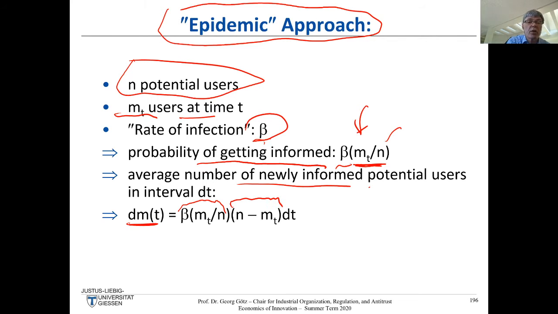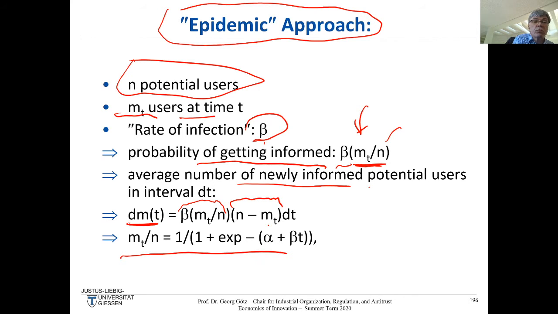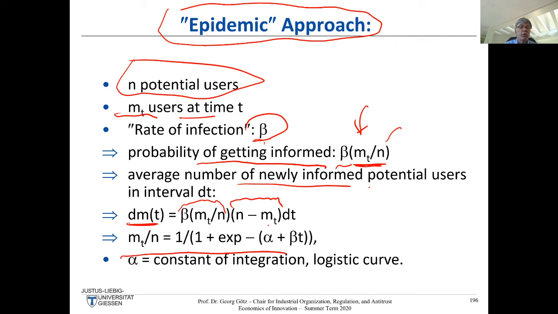So the total number of people who can become infected is the total number of farms we have, minus the number of farms who already use the new technology. And this is just a standard kind of differential equation, and this has this solution, okay? Alpha is a constant of integration, and the whole thing is a logistic curve.